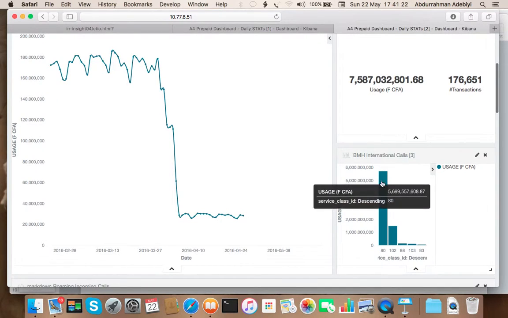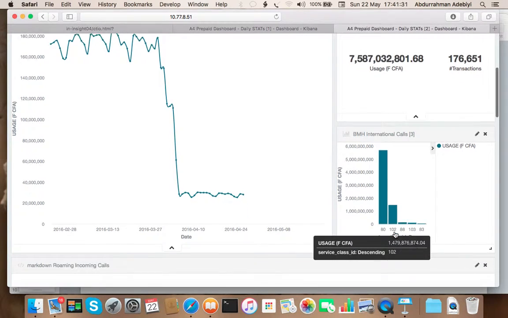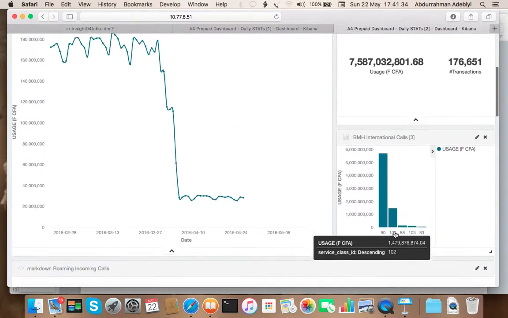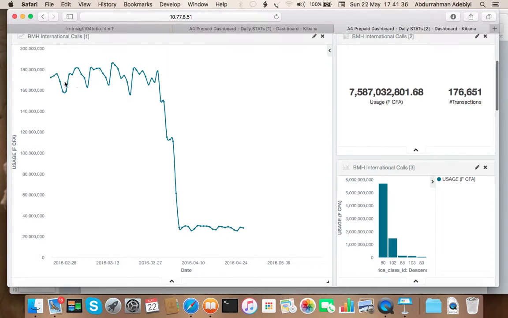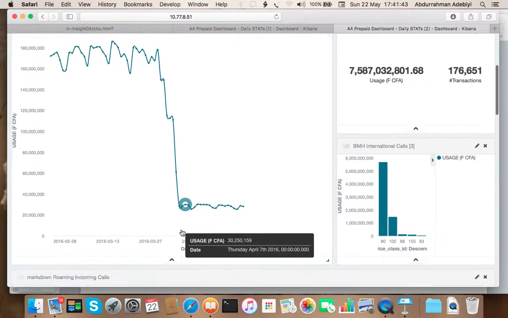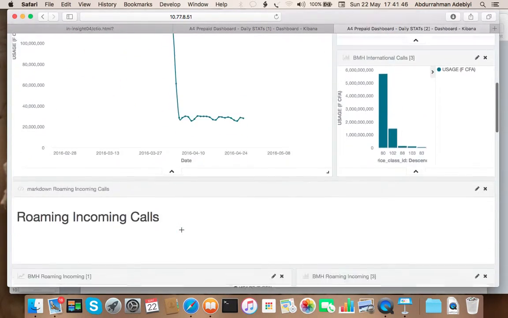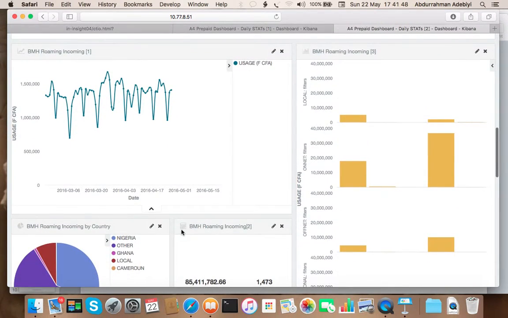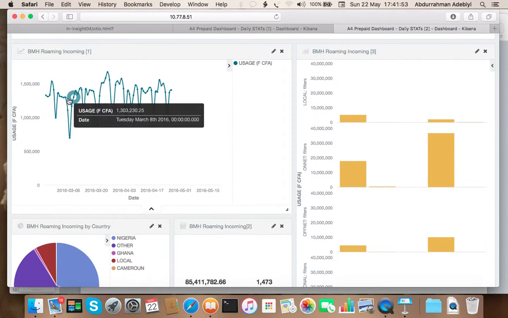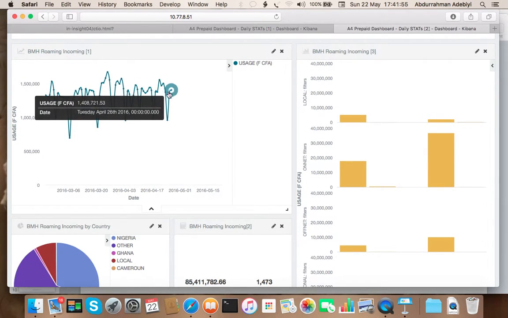As well as the total usage, we can see it in terms of revenue. It's really dipping. For international calls, the service class AT performs much better than any other service class, which is a source of concern. Revenue peaked from February to March and the end of March, but has been dwindling in April. Roaming incoming calls, however, have maintained the same momentum from March to April.